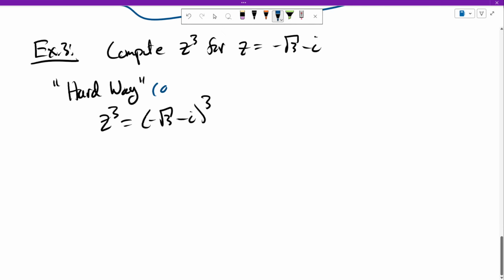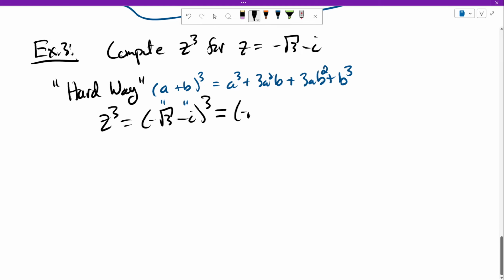And this is like our a is like negative root 3, our b is like negative i, and we're cubing it. And in this case, the binomial theorem tells us that the cube can be represented as a cubed plus 3a squared b, plus 3ab squared plus b cubed.